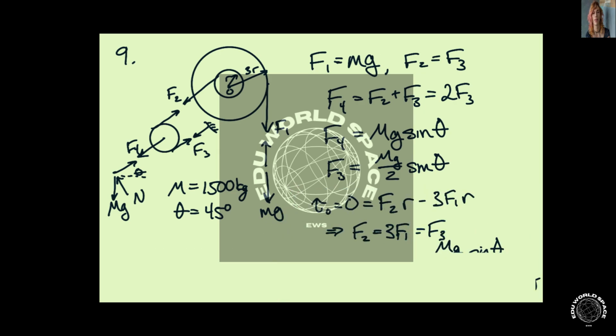Now we can take moments about the center of this pulley here, and that says that, if counterclockwise is positive, F2 times r minus F1 times 3r has to be 0. So that says that F2 must be 3F1. F2 is also F3.